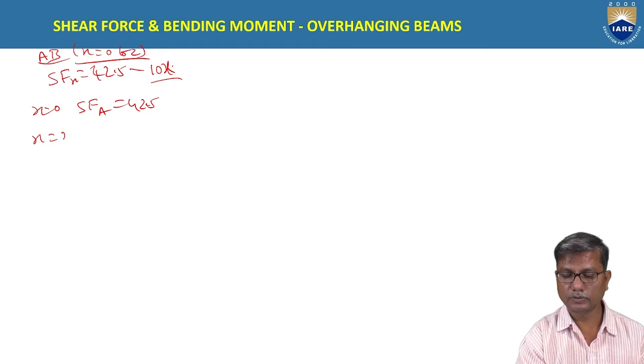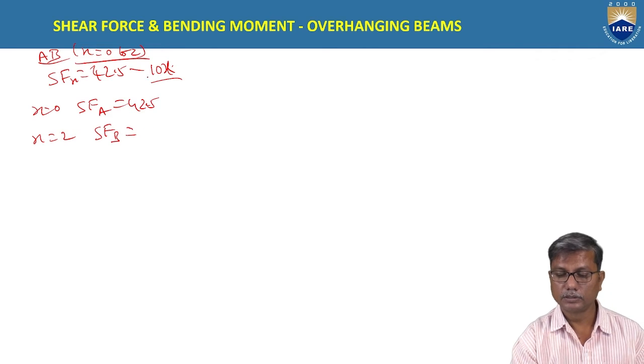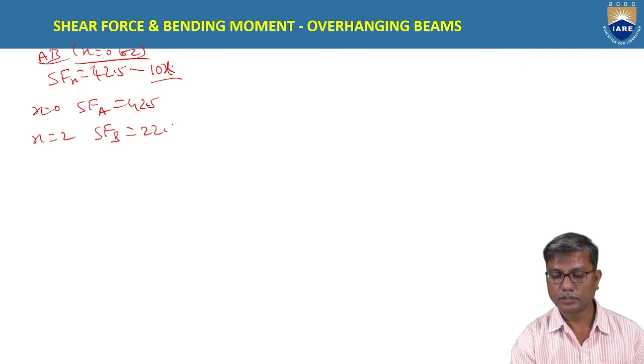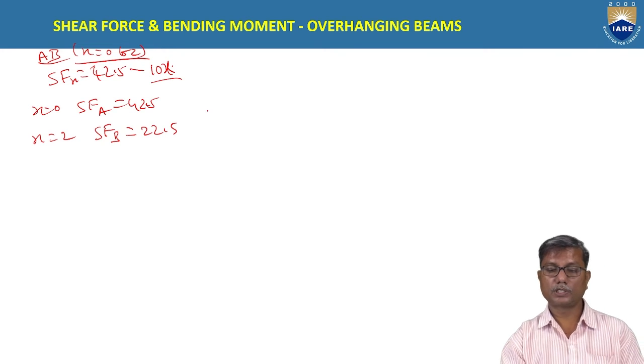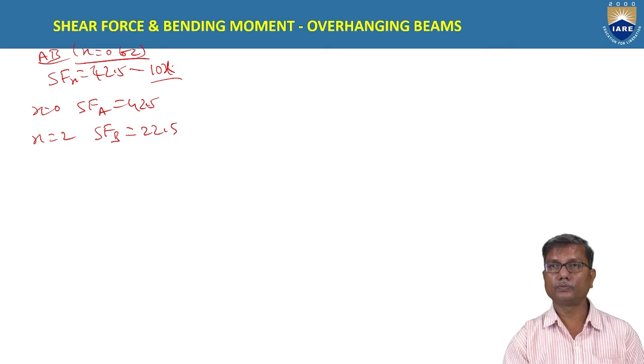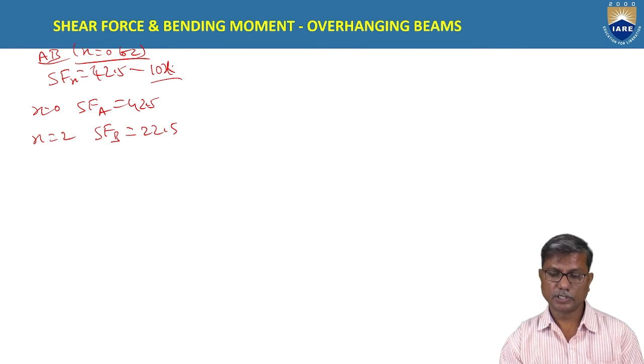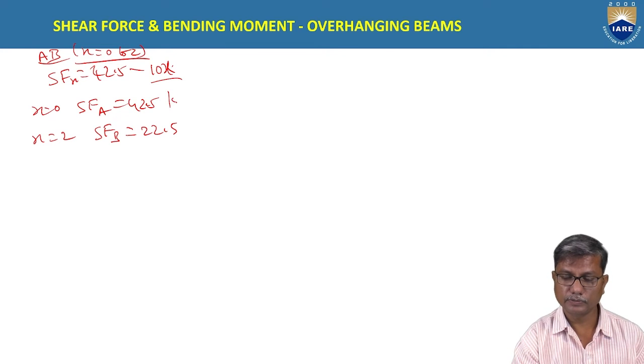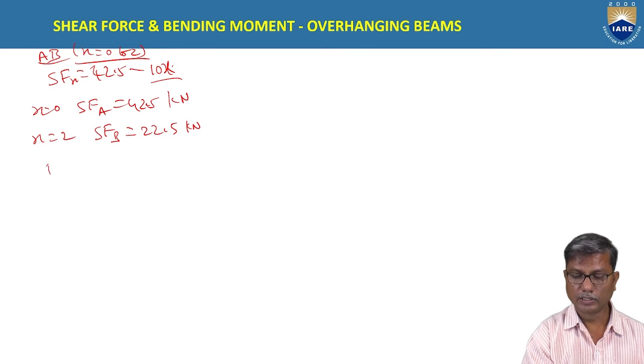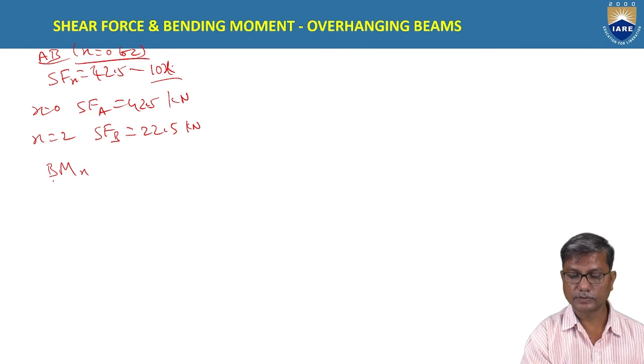And at X equal to 2, shear force at B will be 42.5 minus 10 into 2, that is minus 20, 22.5. Units are kilonewtons.